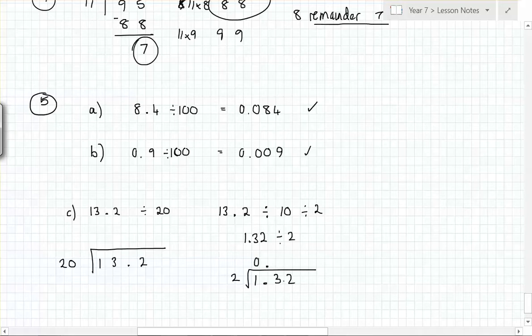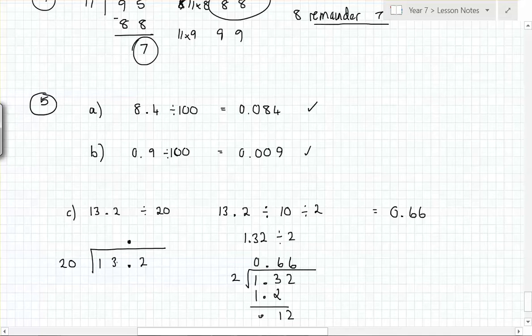So 2 into 13 goes 6, which makes 12, which leaves remainder 1, and then 2 into 12 again is 6. So the answer is 0.66. However you do it. Now if you did it this way, you'd have got the same answer. Have a decimal here, okay.